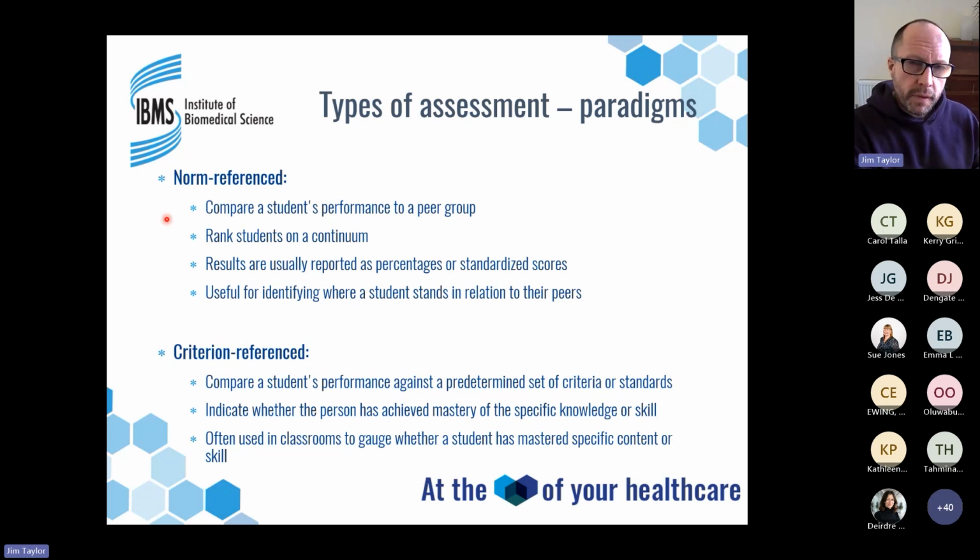By contrast, most of the assessments that we deliver in the workplace, thinking of things like the reg portfolio and the specialist portfolio, are criterion referenced assessments. Instead of students being ranked as really good or best or bottom of the class, whatever it might be, students are linked to a set of predetermined criteria that just require mastery.